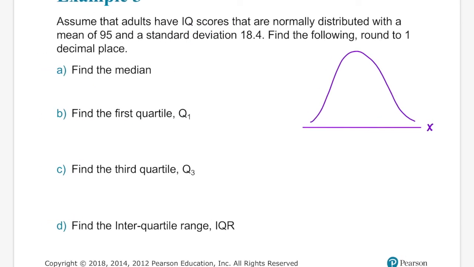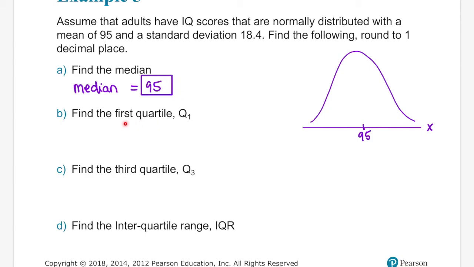Mean is 95 and standard deviation is 18.4. First, they ask for the median. So in a normal distribution, mean, median, and mode are exactly the same. So because mean is 95, median is also 95, and mode is also 95.